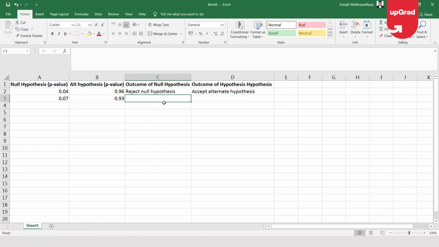Why? Because if you look at it intuitively and carefully, still the chances of the null hypothesis being true is only 7%. Now, how can you accept something whose chances of occurrence in reality is only 7%?